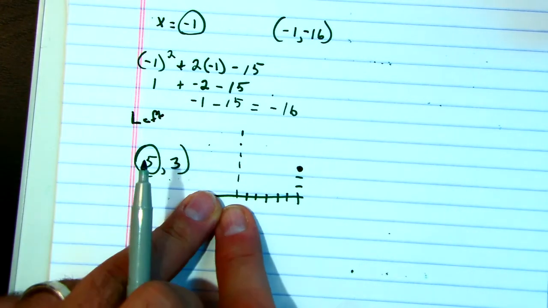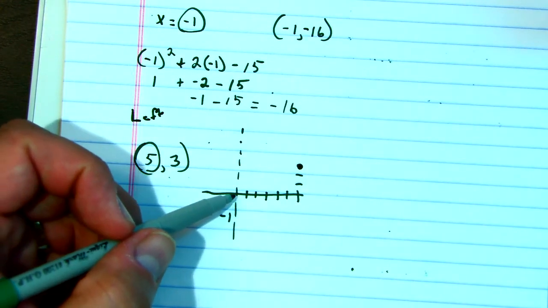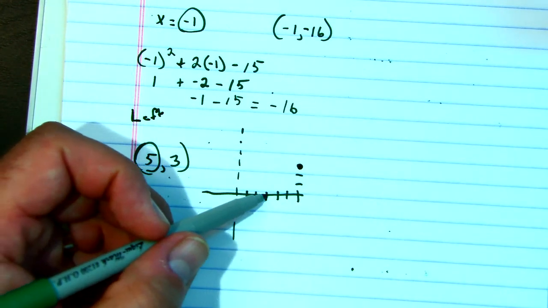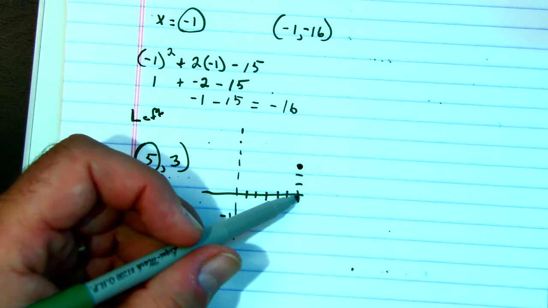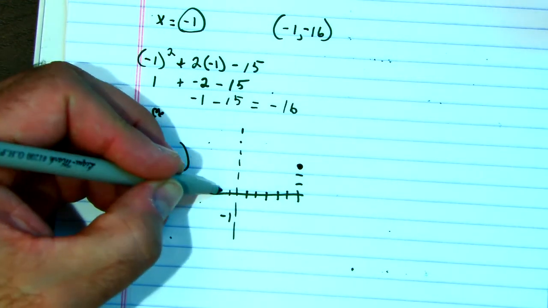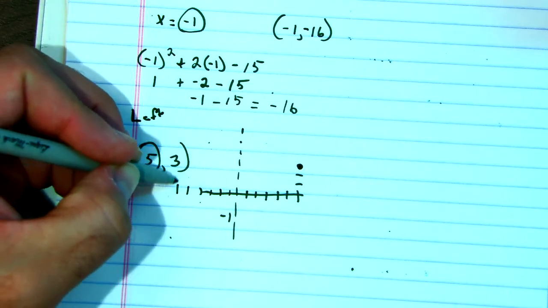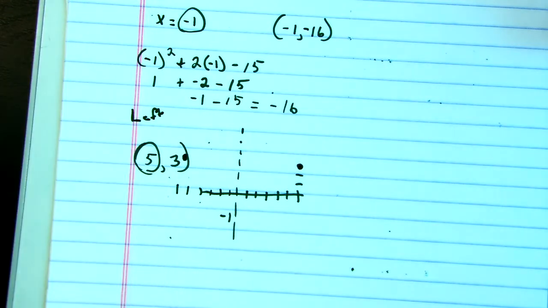It's just going to be the same distance. Well, how far away was 5 from negative 1? It was 6. 1, 2, 3, 4, 5, 6. So how many am I going to count this way? Correct. 1, 2, 3, 4, 5, 6. And then up 3. Because it's going to be the same distance on both sides.